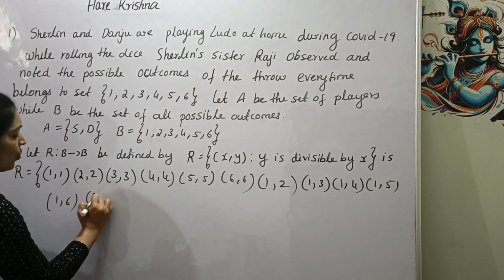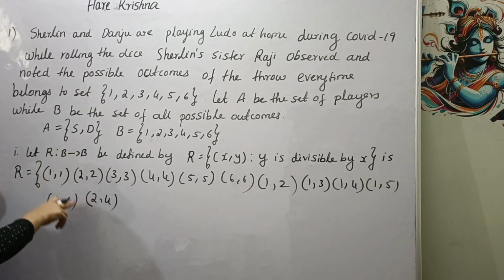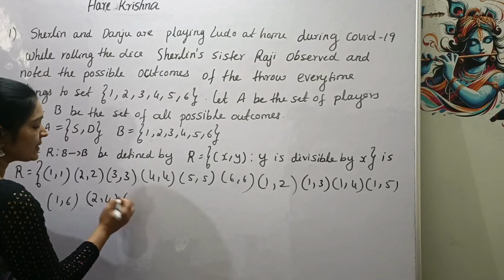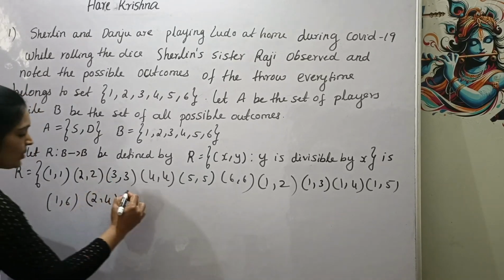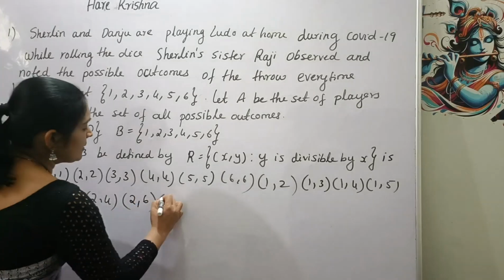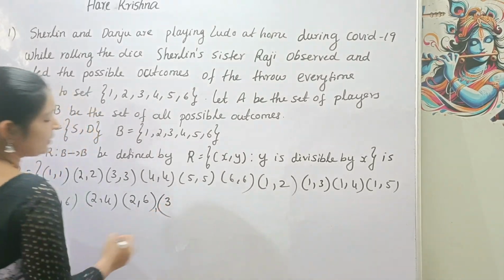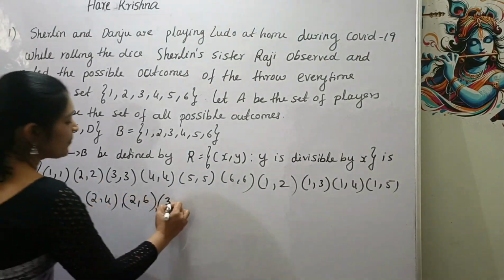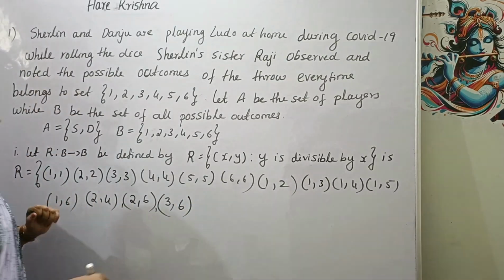So (2,4), 4 is divisible by 2. Next, (2,6), yes, 6 is divisible by 2. Then (3,6); (3,4) is not possible.